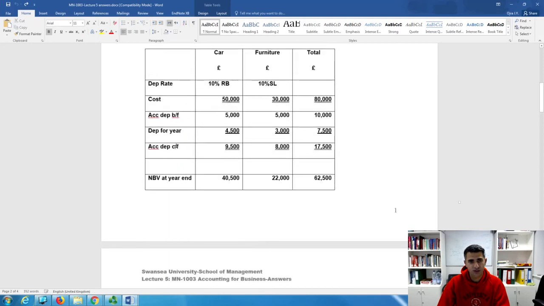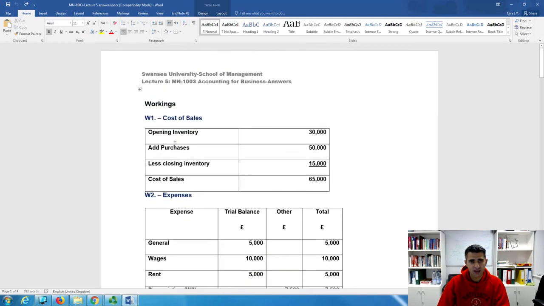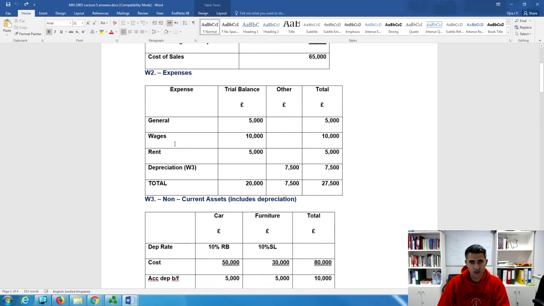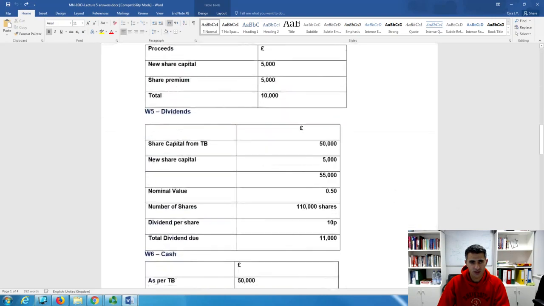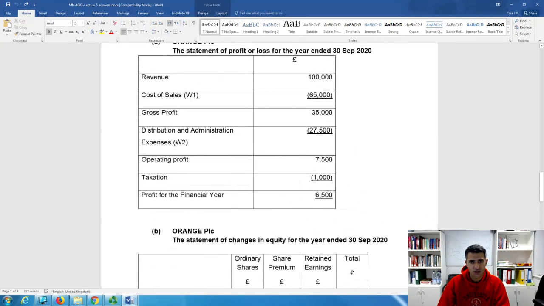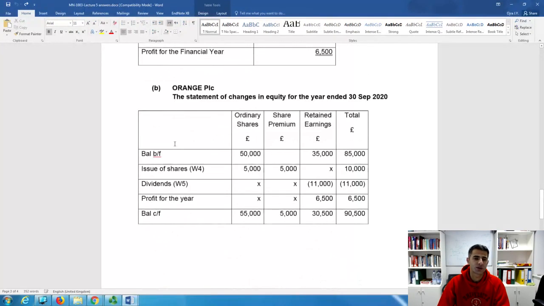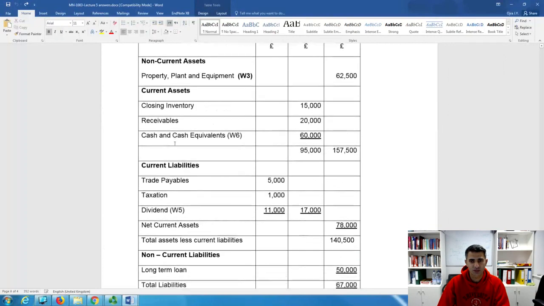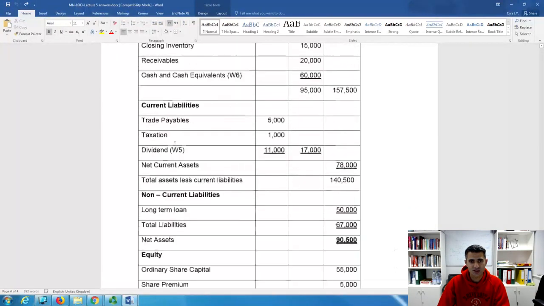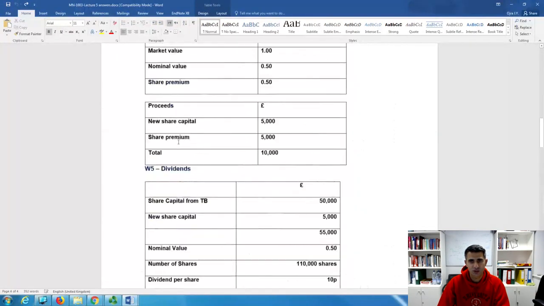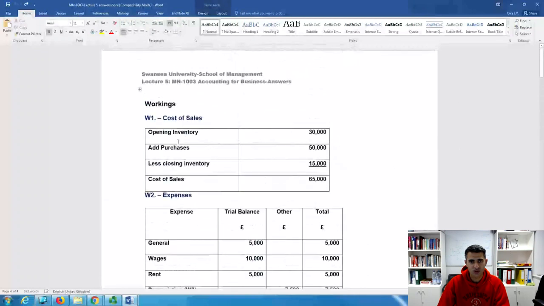We need to do them, and once you finish all the workings, you jump straight away to the statement and do the statement, because the statements will be ready for you, isn't it? Will be easier for you once really you know the working. Straight away you jump to the statement and it should be fine.